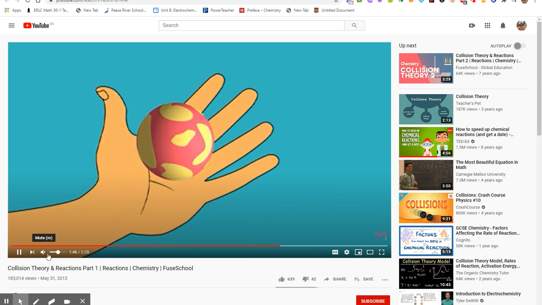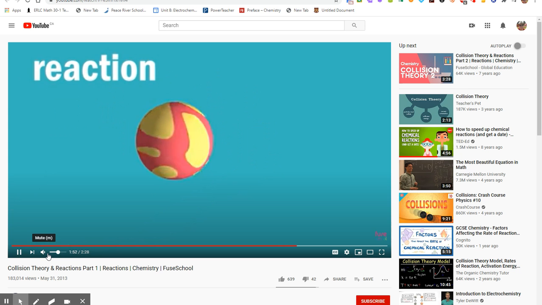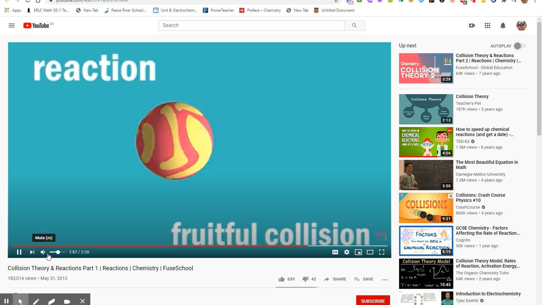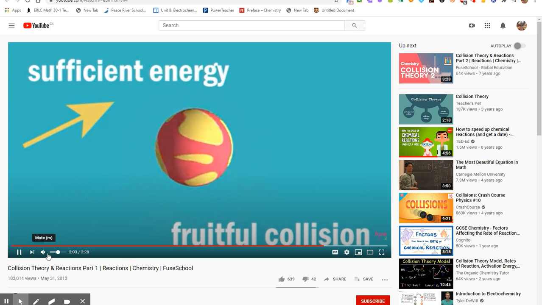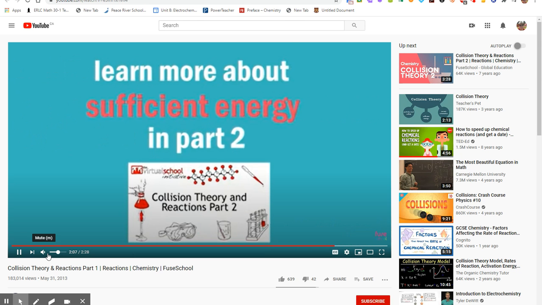But this time, if you pick up the ball of yellow plasticine, the ball of red plasticine will be stuck to it. There has been a reaction. We call a collision that results in a reaction a fruitful collision. So, for the collision to be fruitful, the reacting particles must collide with sufficient energy. And at the right orientation.